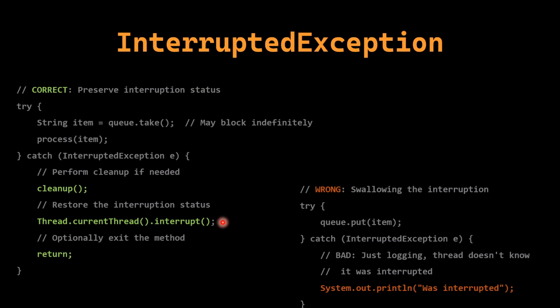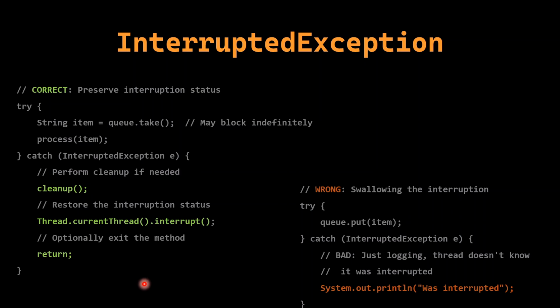The standard pattern is to catch the interrupted exception, perform any necessary cleanup, and then either reinterrupt the thread or propagate the exception. And here is the wrong way to handle interrupted exception, by just swallowing the interruption.